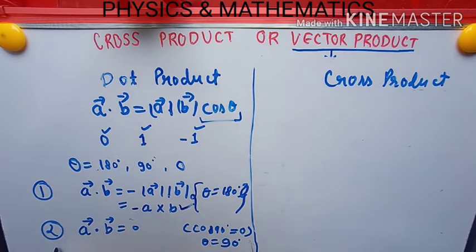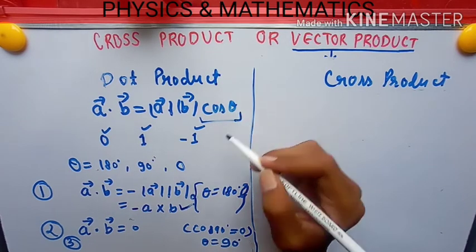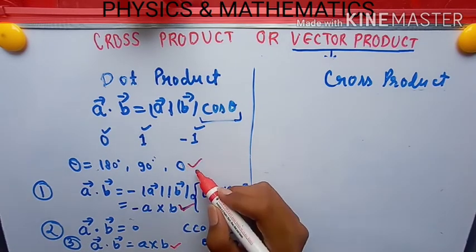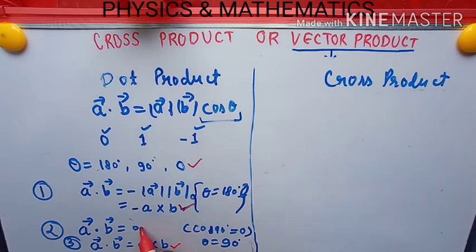The third point is cos 0, and cos 0 gives you the maximum value, so A dot B is equal to A into B. Okay, I am changing the color of the pen. Here you can see this is A into B, which is maximum, this is minimum, and this is lying in between, means equal to 0. So these are three cases which are really very important and will help you throughout your learning.